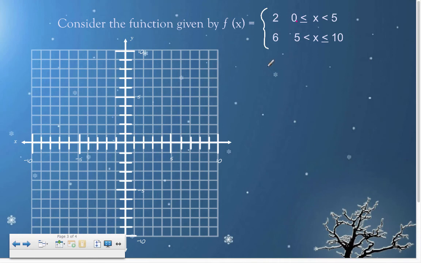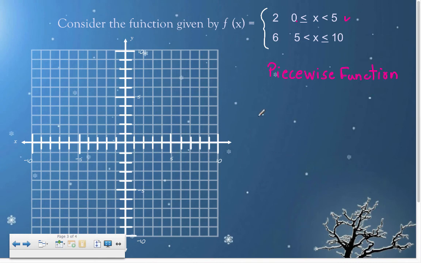All right, we have a function here, and if you remember from the last chapter, this is a piecewise function. And let's see what the two pieces are, shall we?